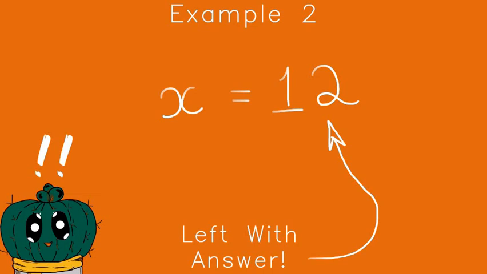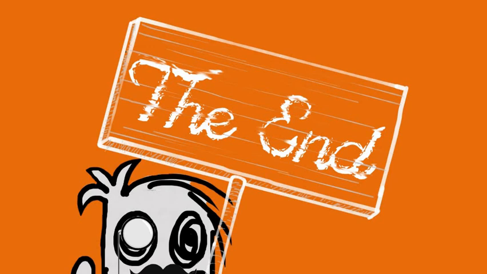This equation tells us that there is a single mystery box on the left scale, and on the right hand side we have 12 oranges, and that is all there is to finding the value of x, but more importantly, how to multiply in an equation when we're dealing with equations.